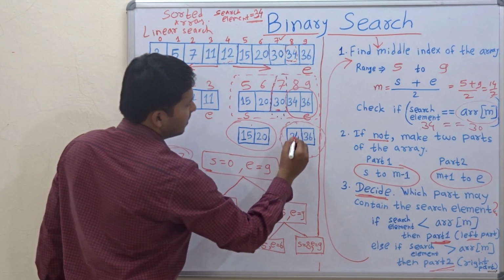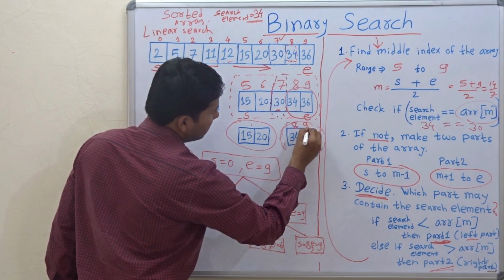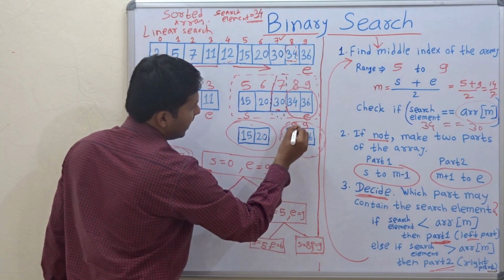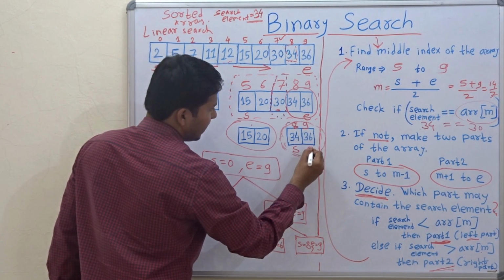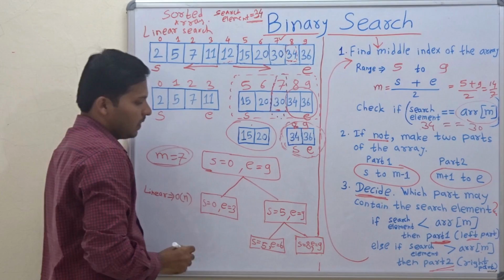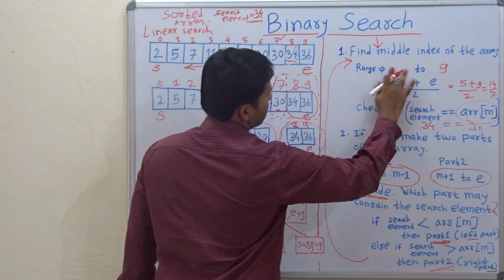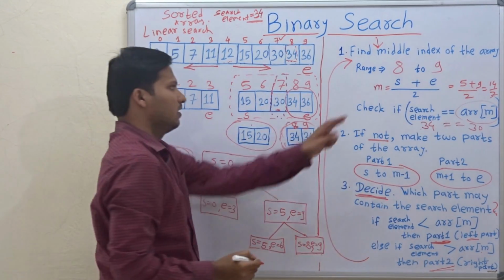In this part the indexes are 8 and 9, so s is 8 and e is 9. So the range is 8 to 9.